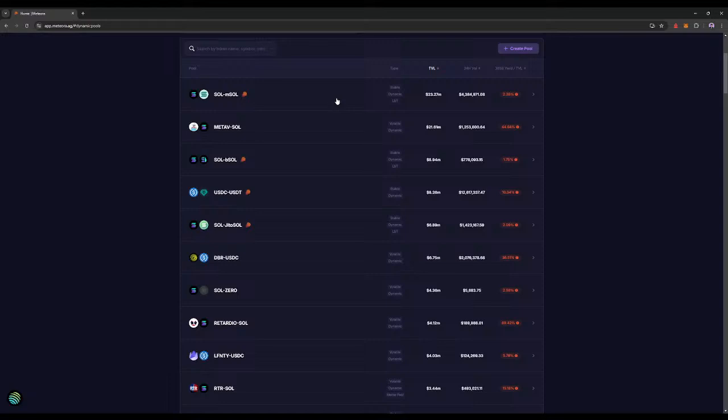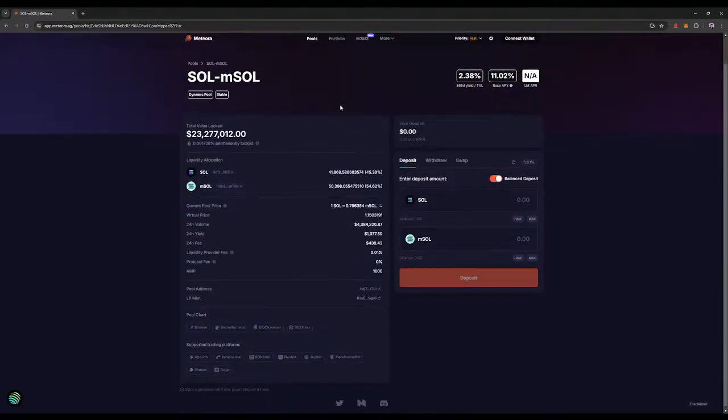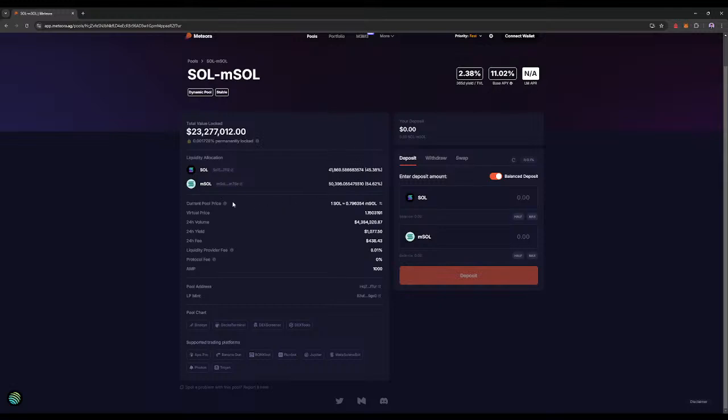Additionally, some of these pools, before that, talking about some statistics or metrics that you can look at. You can look at the 24-hour volume. This is the swap volume that has gone through the pool, and for this specific pool it is about 4.3 million.